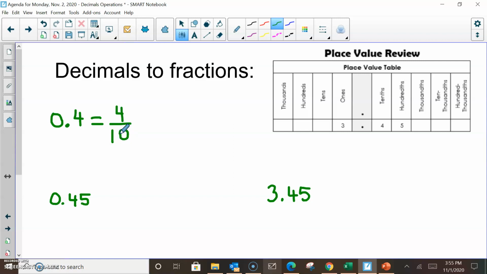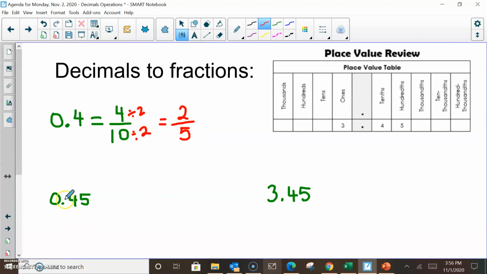Now we usually also simplify or reduce that fraction by dividing numerator and denominator by a common factor. In this case, we can divide numerator and denominator by 2 and obtain 2/5 as the simplified fraction. So 0.4 is 4 tenths, which can be reduced to 2/5.